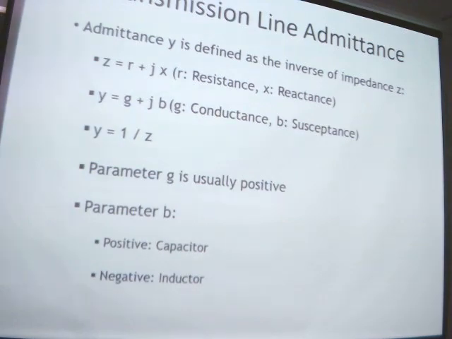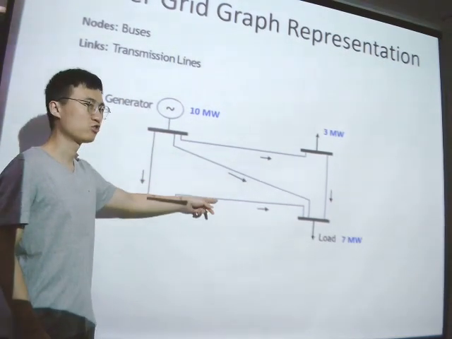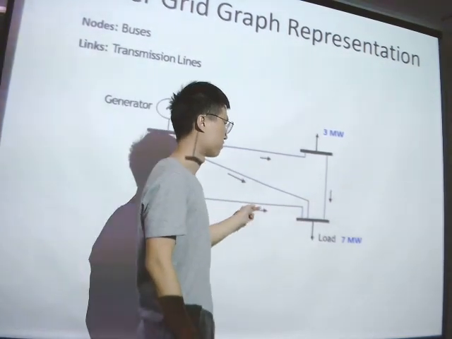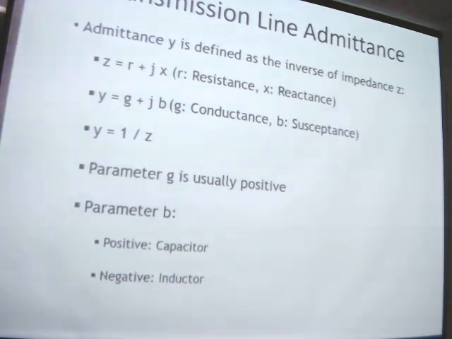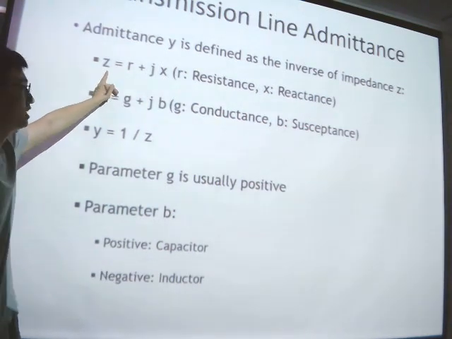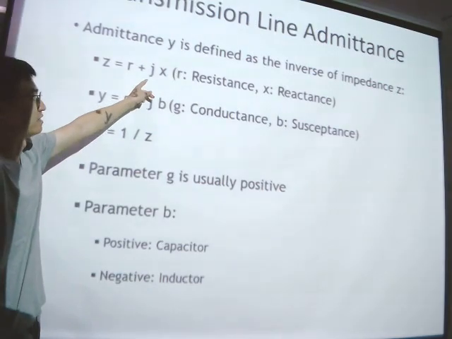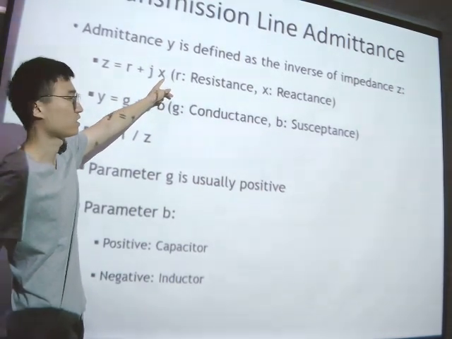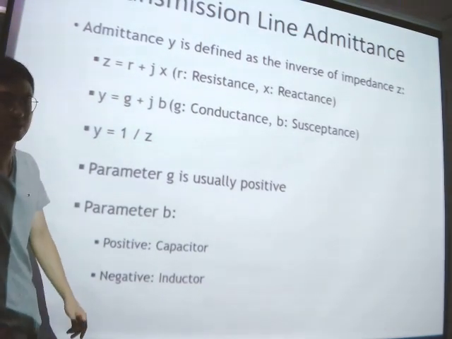The transmission line admittance Y: the admittance in the different transmission lines, 1, 2, 3, 4, 5, so there will be 5 admittances. The inverse of the impedance Z is like this: Z is equal to the resistance R plus the reactance X. We learned this in the previous lecture.